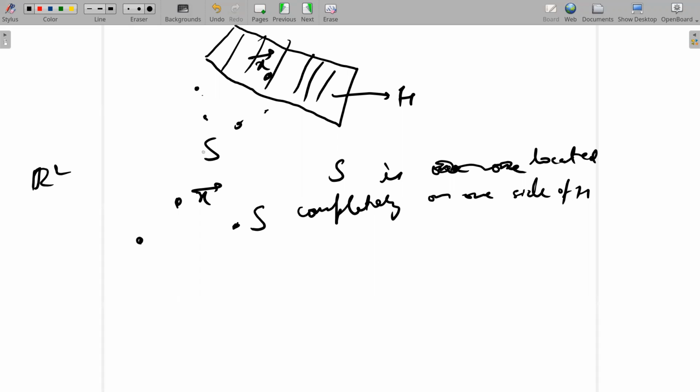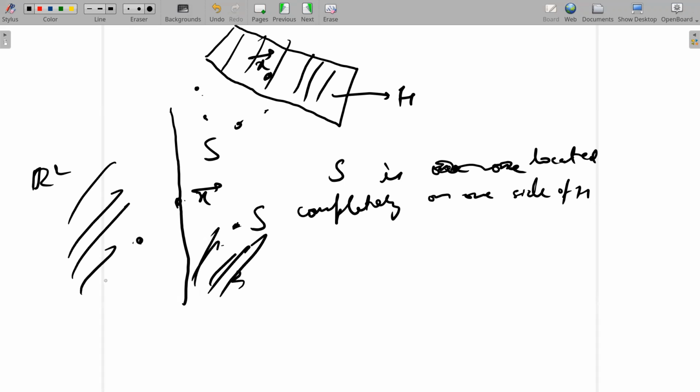Hyperplanes are supposed to be lines in R2. Now this is not a supporting hyperplane for S, right? Because this set S is located both within this half space and also in this half space. So it is not completely on one side. So that is not a supporting hyperplane.